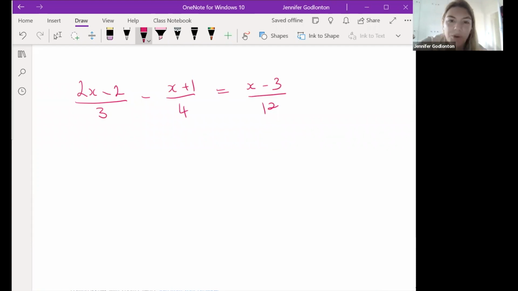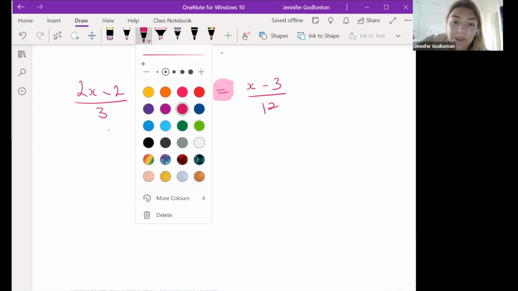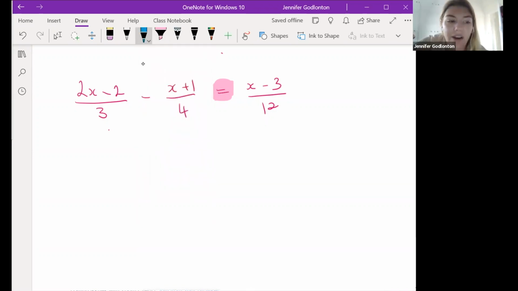If it was an expression, we have to keep our denominator, but because it's an equation, with this equal sign, once we have a common denominator we're allowed to drop the denominator. Next, when you have more than one term in your numerators, put them in brackets at the beginning of the question. It stops you from making very silly mistakes later on.